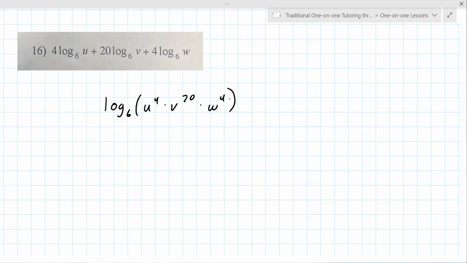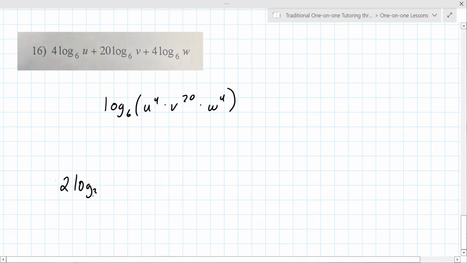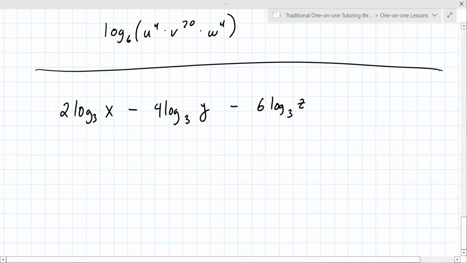All right, so the one we're missing here, I need to make one up, something like this: 2 log base 3 of x minus 4 log base 3 of y minus 6 log base 3 of z. So I mentioned above, if it's subtracting, it goes in the denominator.